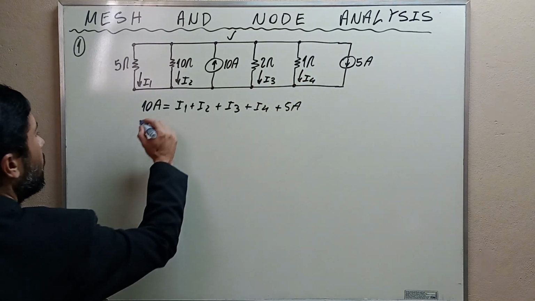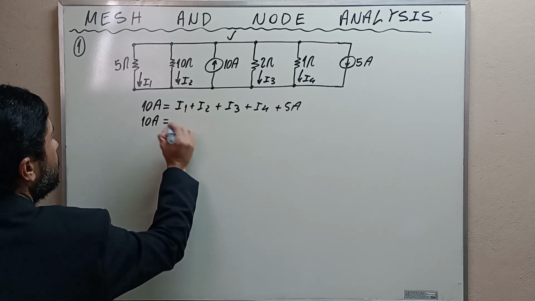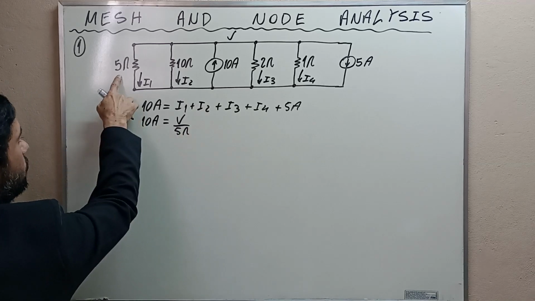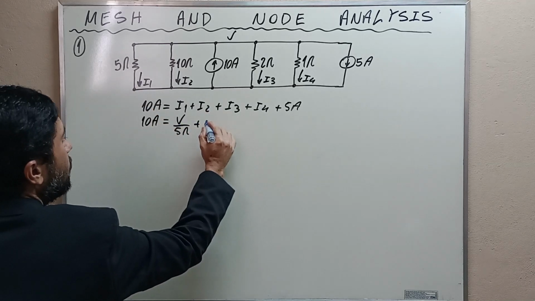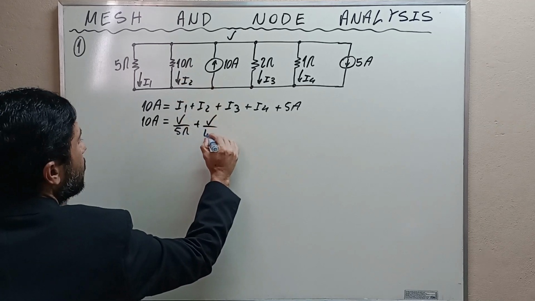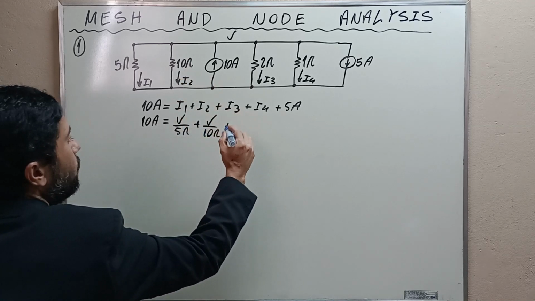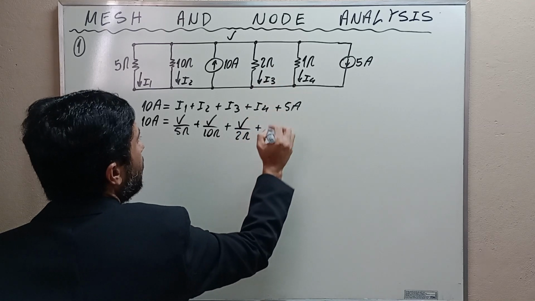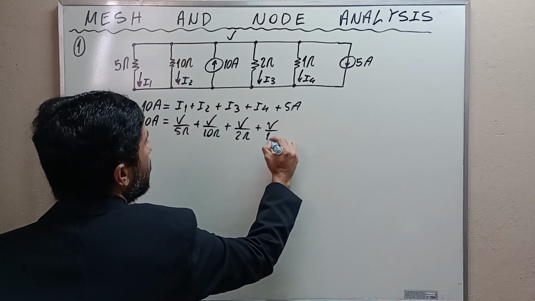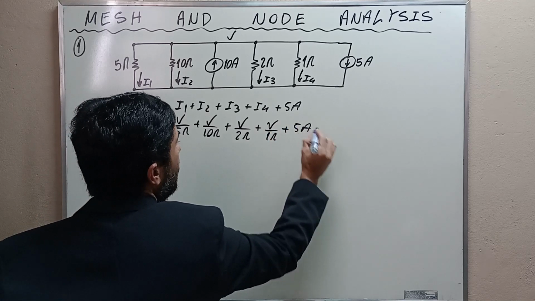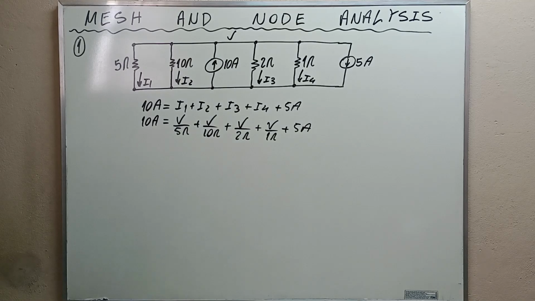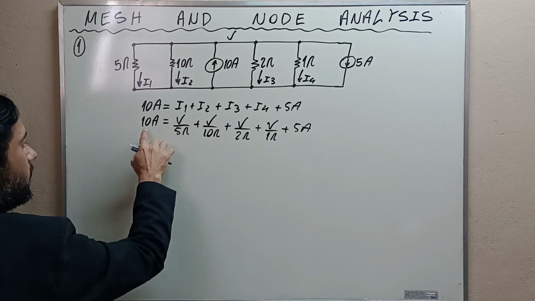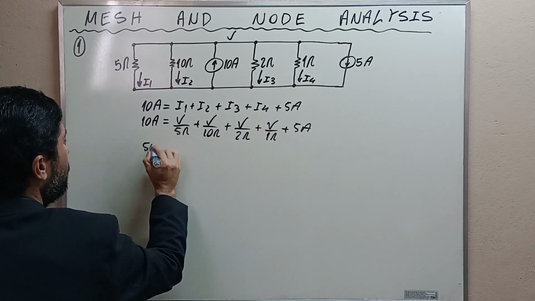In this way, 10 amps is equal to V over 5 ohms plus V over 10 ohms plus V divided by 2 ohms plus V divided by 1 ohm plus 5 amps, okay? I am going to pass these 5 amps to this side. 10 minus 5 is 5 amps.